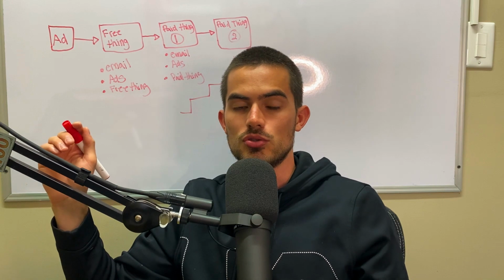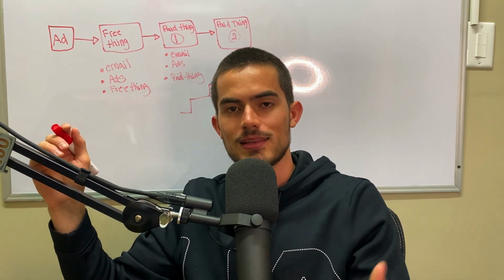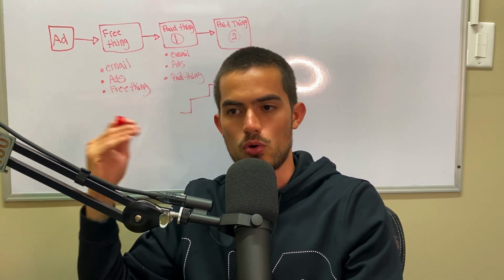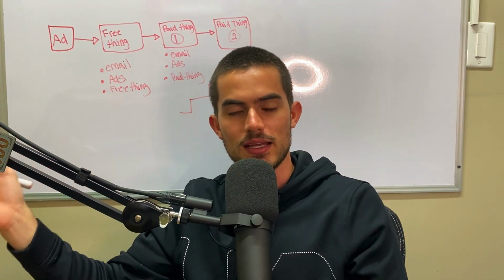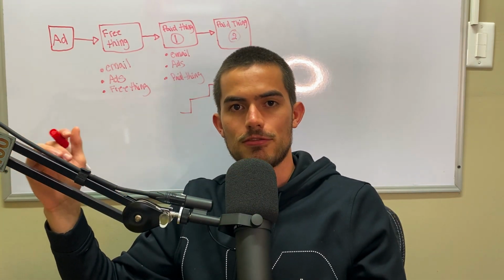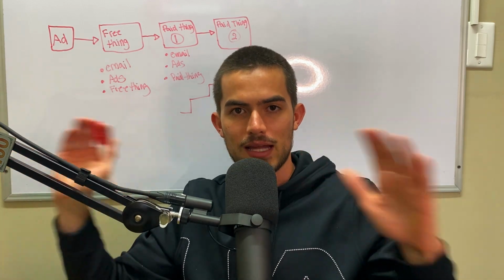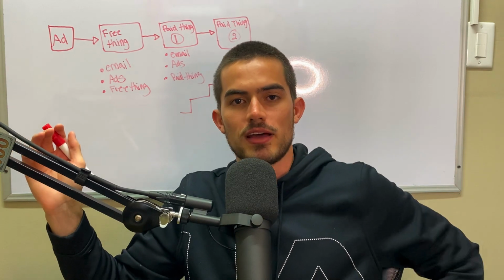And you can also introduce it slightly in lessons 1, 2, 3, 4, and then in the last lesson introduce it a little bit more aggressively to get people from the free thing to the paid thing. So within the free thing itself, you can sell. It's not bad to sell. You can sell on the free thing because in the end, the free thing is providing a lot of value.